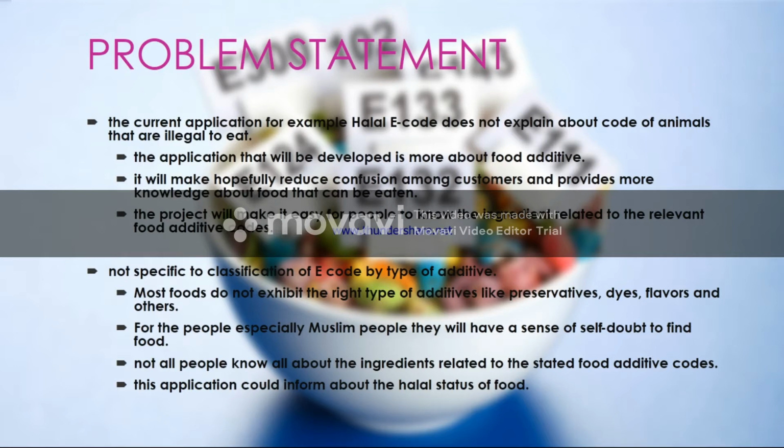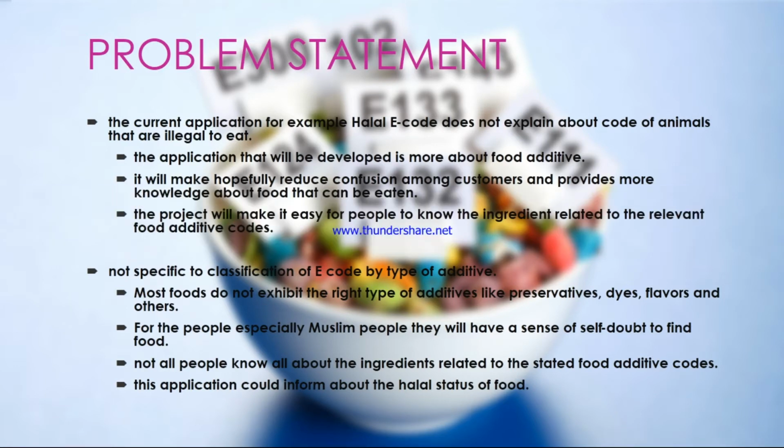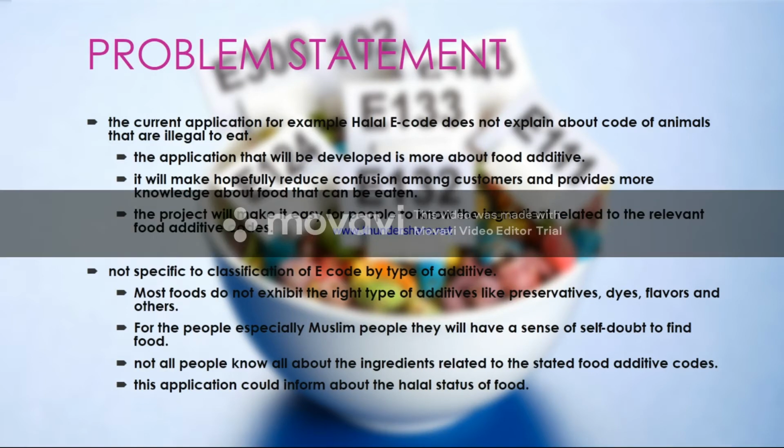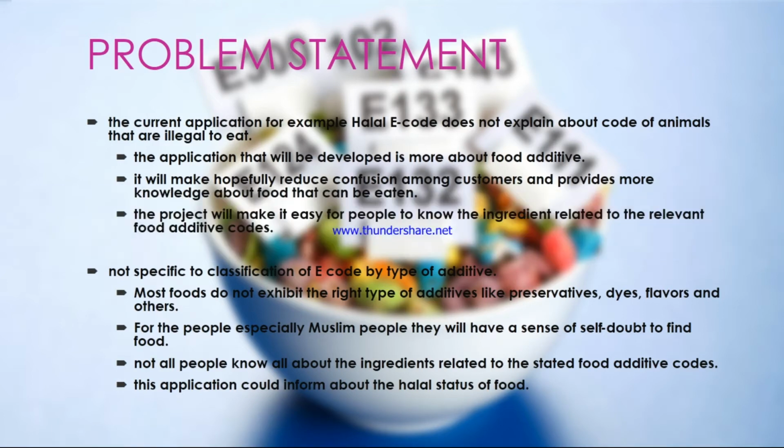However, the application that will be developed is more about food additives, so hopefully it will reduce confusion among customers and provide more knowledge about food that can be eaten. Furthermore, the project will make it easy for people to know the ingredients related to the relevant food additive code.